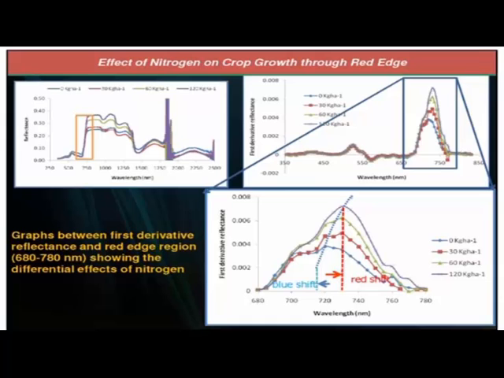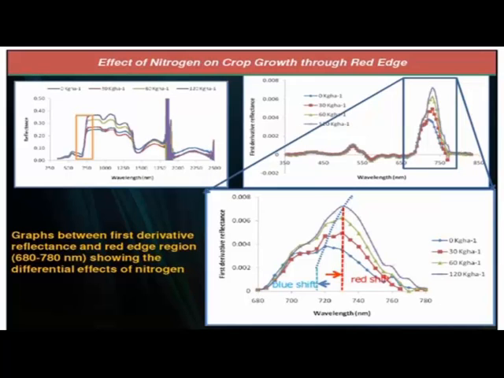Now when you see the first derivative result, there are two things. One is, with respect to the nitrogen treated plants, 0 kg, 30 kg, 60 kg and 120 kg, the inflection point, which we call the red edge value, is the perpendicular height from the baseline.